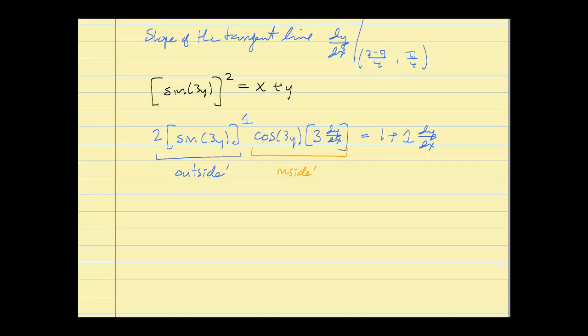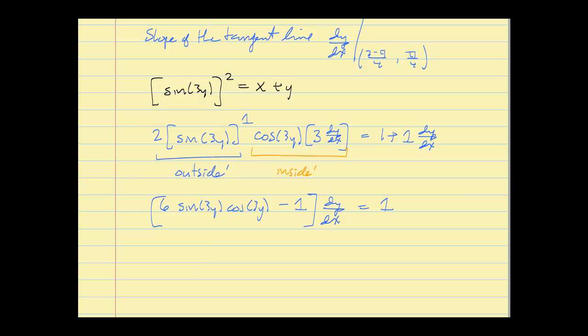So in simplifying, we end up with 2 times 3 is 6, sine of 3y, cosine of 3y, minus 1 dy/dx equals 1. Now where did the minus 1 come from? I subtracted this 1 dy/dx over to the left, and then I factored a dy/dx away.